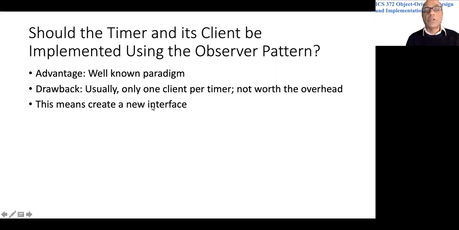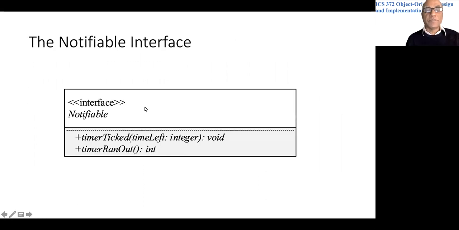They all have to have this common interface. So we invent a new interface called a notifiable with 2 methods. One is a notification when the timer ticks, and the other one is when the timer runs out.